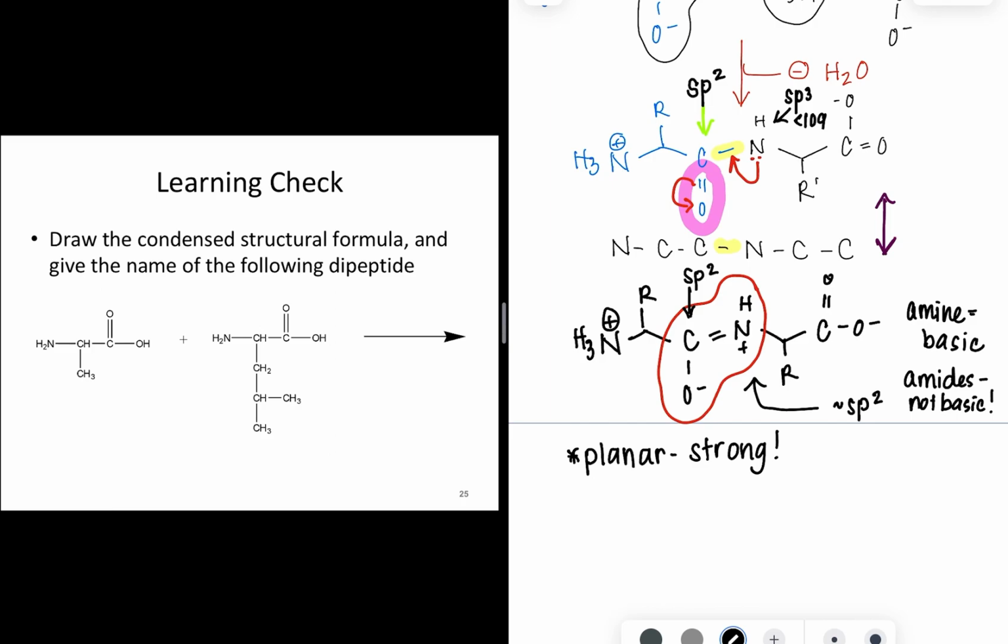Again, for this one, you should be able to draw the bonds here. And let me go ahead and do that. I'm going to draw the molecule just like it is, even though normally we'd have the zwitterion form.